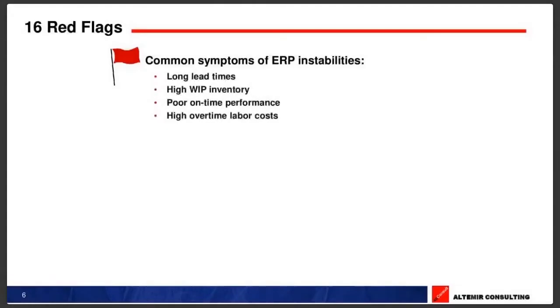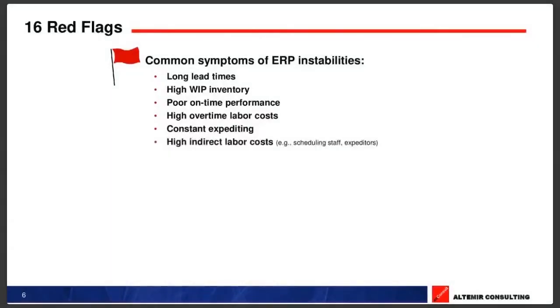The first couple are the ones you might expect: long lead times, high WIP inventory, poor on-time performance, high overtime labor costs. These can all be driven by or exacerbated by scheduling problems. Constant expediting is definitely a big red flag.